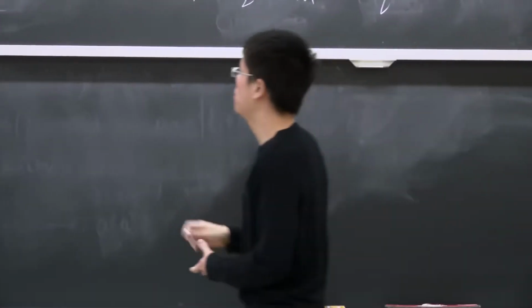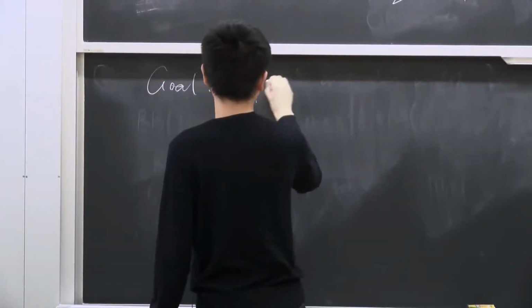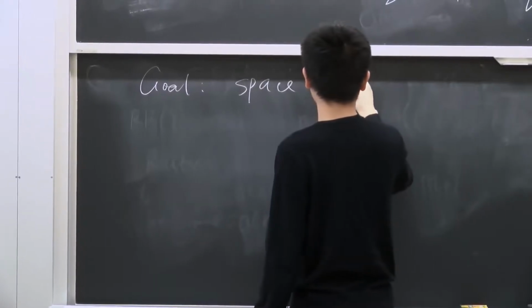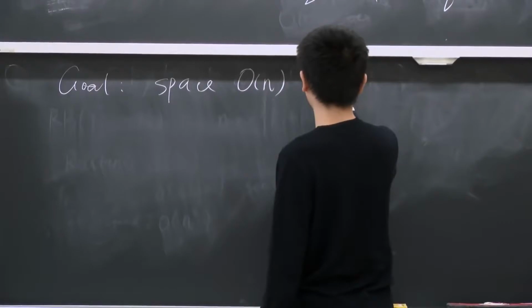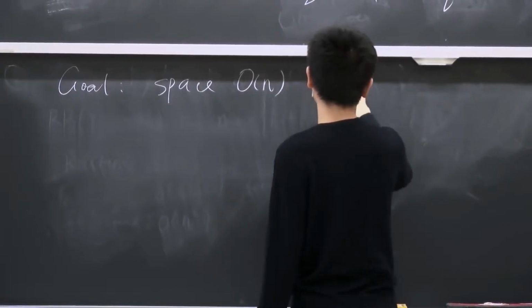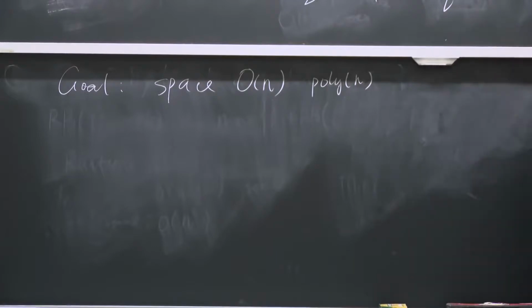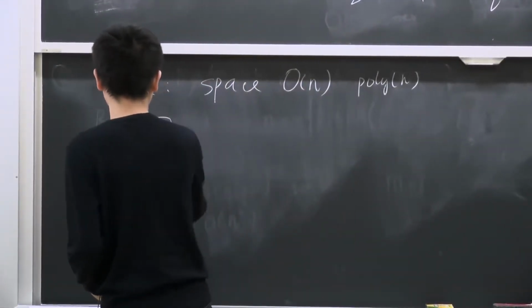Our final goal is to have a perfect hash function that has space O(n), and also runtime some polynomial in n, and failure probability arbitrarily small. And the idea there is this two-level hashing.